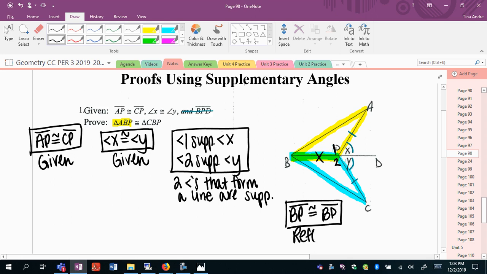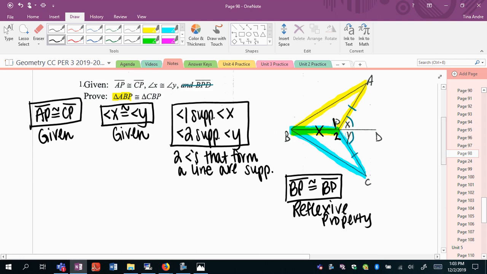So I have all of these statements written down. These are things that I either concluded from the diagram, the supplementary and reflexive statements, or they were given to me, so there's nothing they're connecting to. Now I can piece some of these together, since angle 1 and angle 2 are supplementary to congruent angles, angle X and angle Y. Like we said, if angle X and Y were both 80, then 1 and 2 would have to be 100.